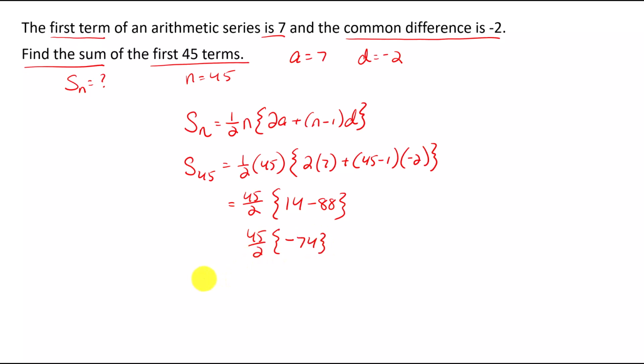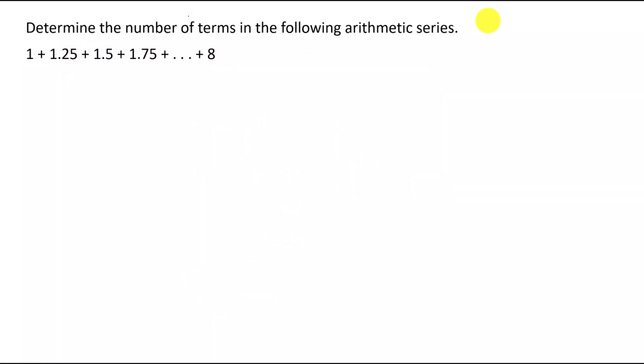And this can be done in your calculator, and so the sum of 45 terms is -1,665. Okay, so that's my answer. If I were to add up all the terms up to the point of 45 terms, I would get -1,665.